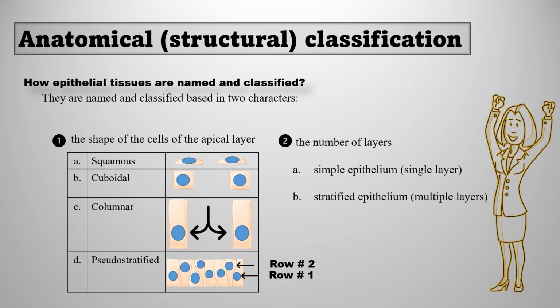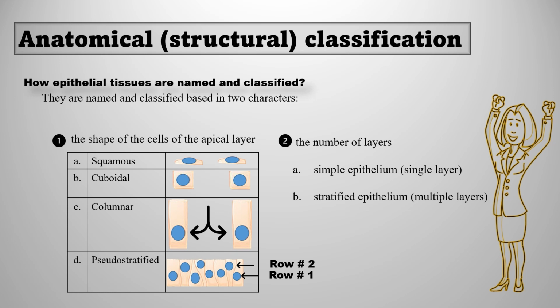Epithelial tissues can easily be classified according to their anatomical characteristics or physiological characteristics. That is to say, their structural characteristics or their functional characteristics. So we can easily have two big subcategories of classifications.